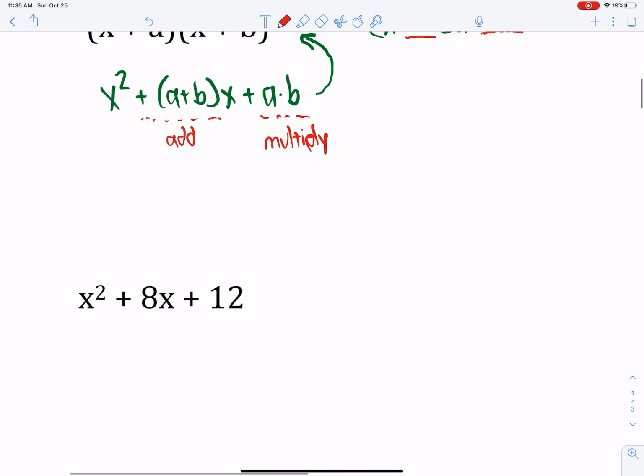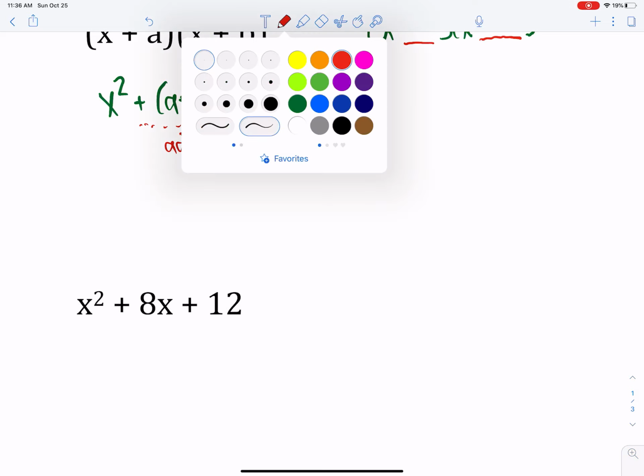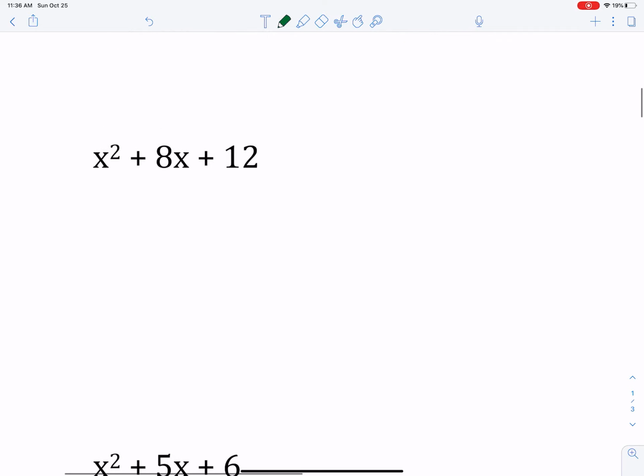For example, let's say we have x squared plus 8x plus 12, and we're trying to factor it. Split it up into two groups. I'm going to leave a little bit of space, and then put a parentheses with an x and another parentheses with an x. What I'm trying to figure out is what to put at the end of each group to make it multiply together to what I'm starting with.